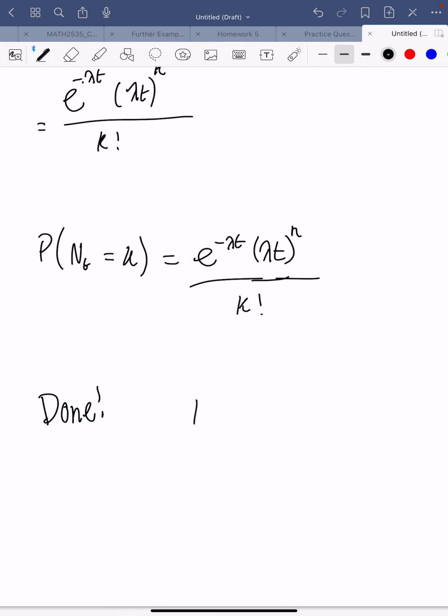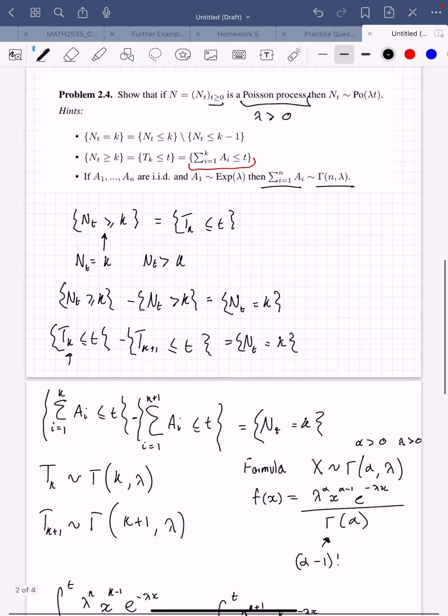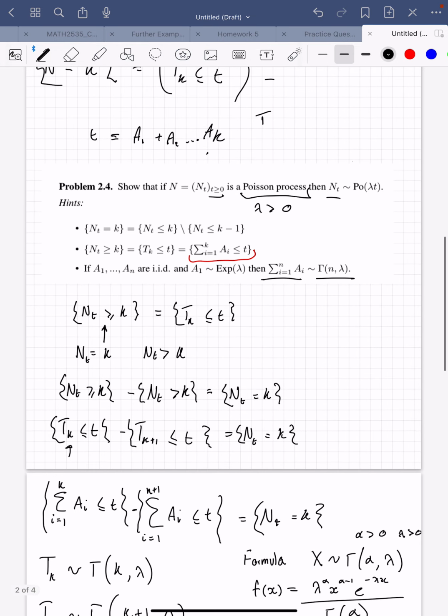Done. And this is problem 2.4. So we've basically extrapolated these terms, these separate distributions, and shown that N_t is distributed with a Poisson distribution. And yeah, brilliant.